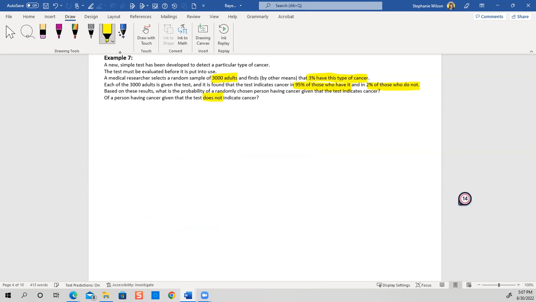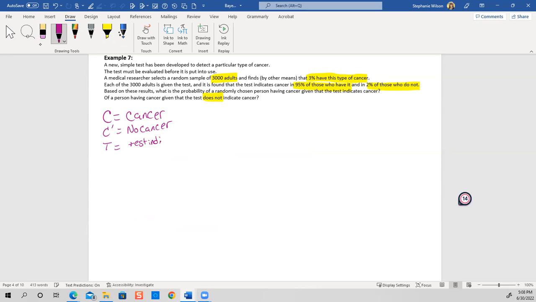So we're looking for when the test does and does not indicate they have cancer. Let's set it up. Let C equal cancer, and let C complement be no cancer. Let T be the test that indicates cancer.